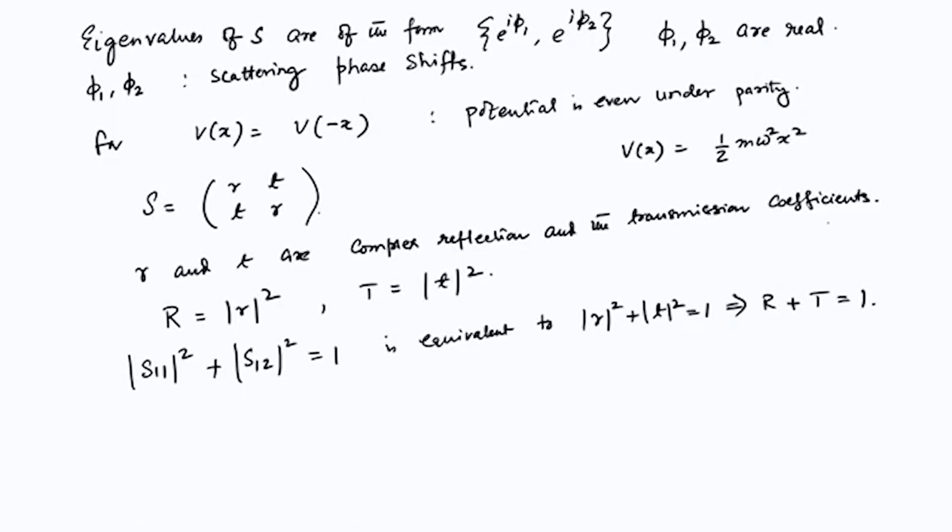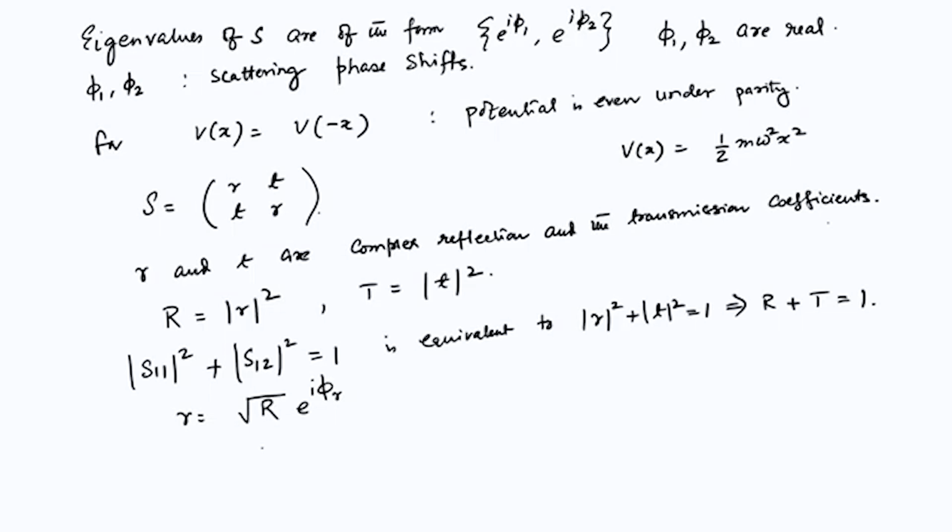All right. So given these conditions, let us assume, without any loss of generality, that small r is equal to root R times exponential i phi r, because capital R equals small r mod square and small r is a complex quantity. Capital R is of course a real quantity.